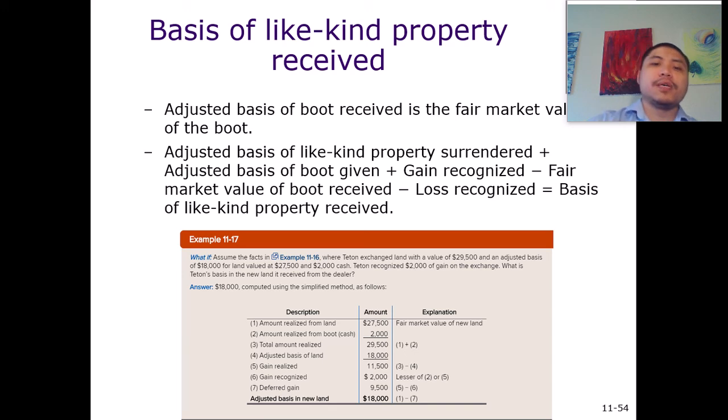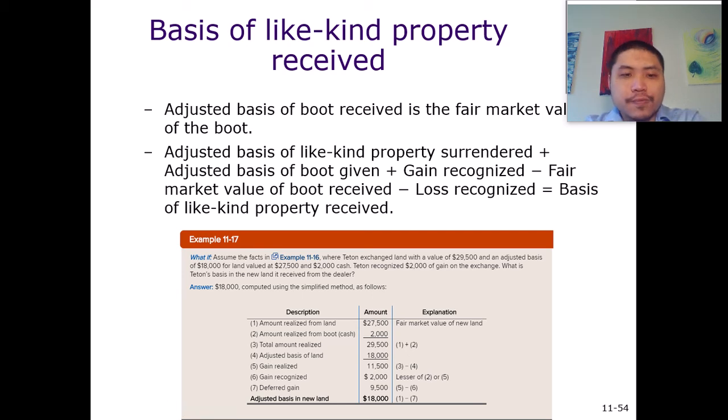We take the adjusted basis of the like kind property surrendered, plus the adjusted basis of the boot given, plus gain recognized, subtract fair market value of the boot received, and subtract loss recognized, and that equals the basis of the like kind property.